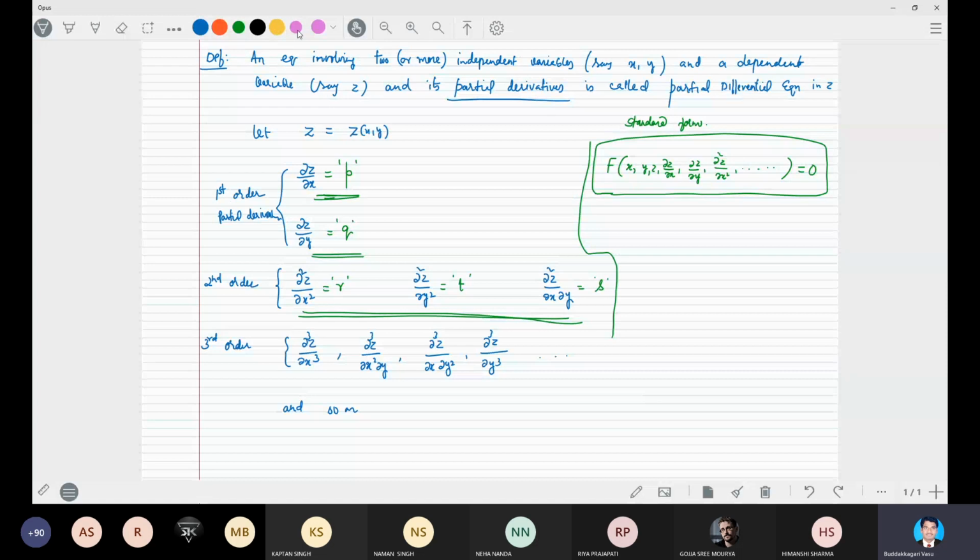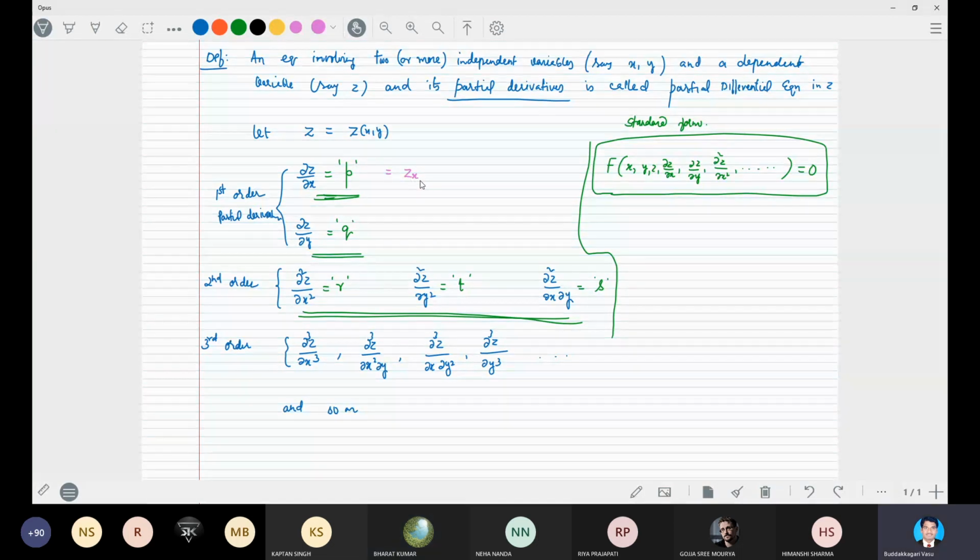Okay, there is another short notation of the derivatives. Can anybody say? z suffix x. Yes. What does z suffix x denote? The partial derivative of z with respect to x. Very good.